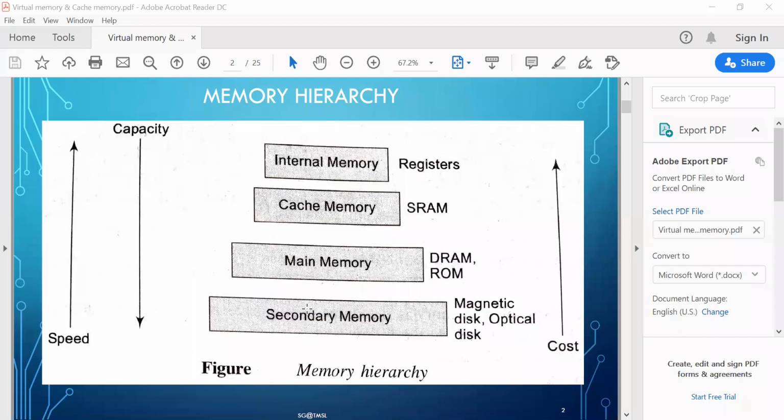When a program that is not residing in your main memory, the RAM or ROM, is needed to execute, it is transferred from the secondary memory to the main memory.